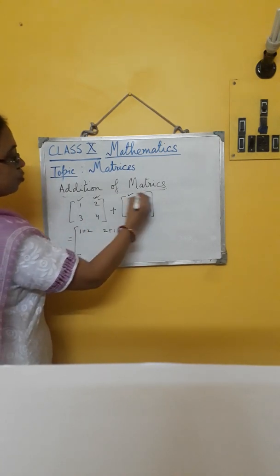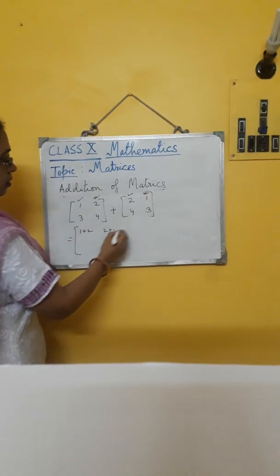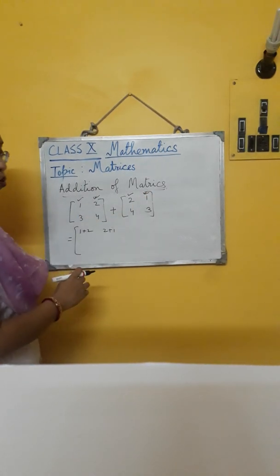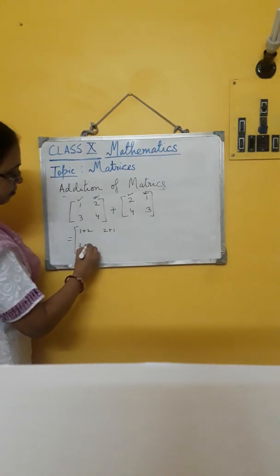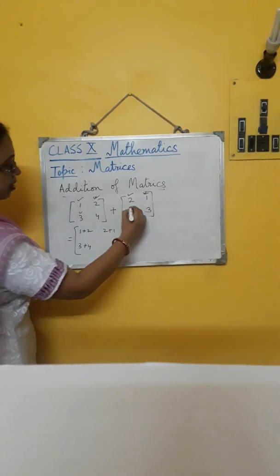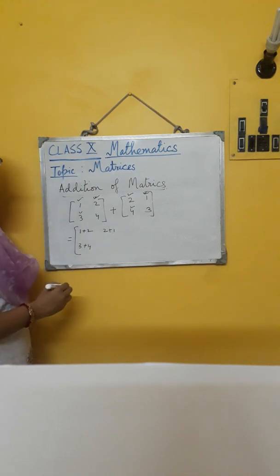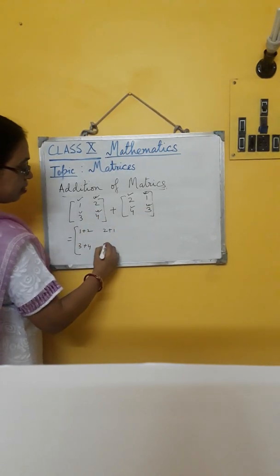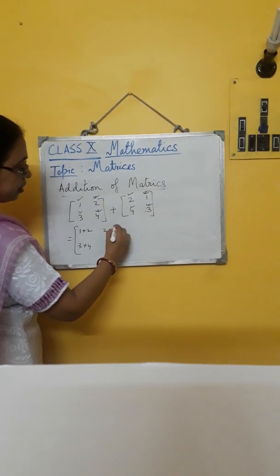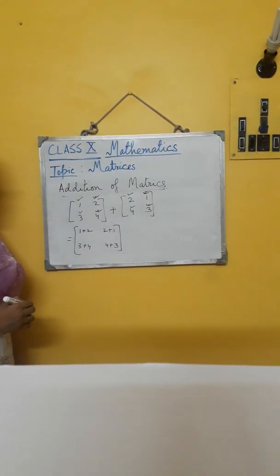Next, you come to the next row and add 3 and 4, so 3 plus 4. Then the last one, 4 plus 3.